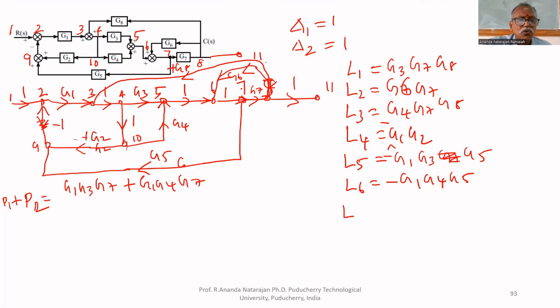So here, L1, this loop and this loop are non-touching. Therefore, I can say L4 and G7, G6. L2 equal to minus G1, G2, G6, G7. That is not touching.